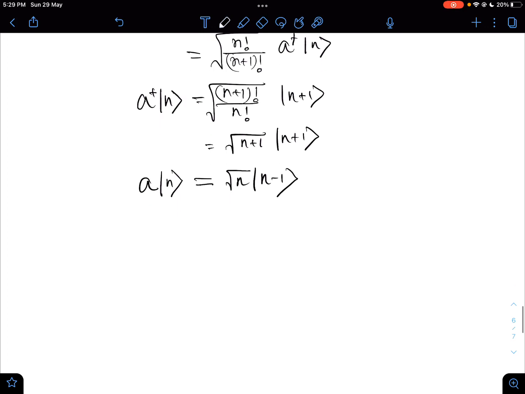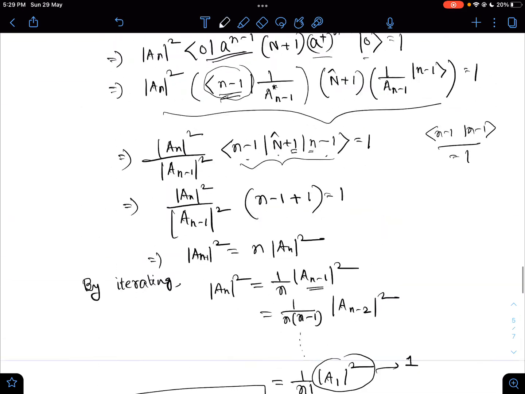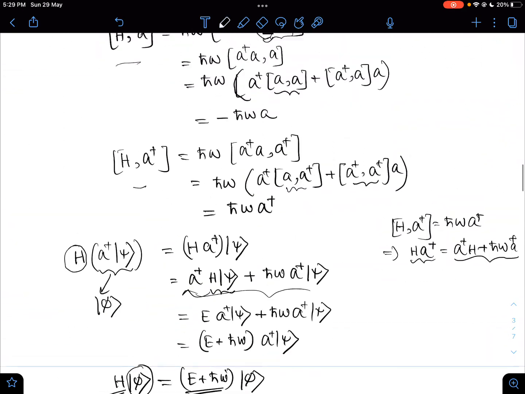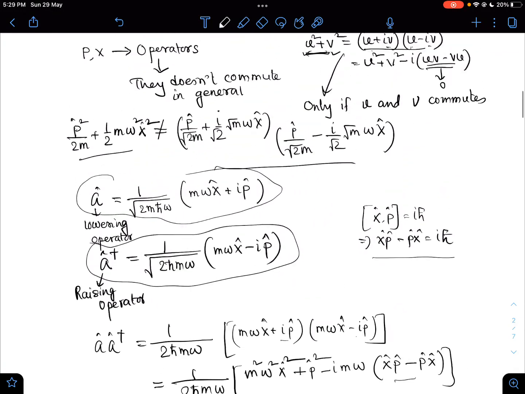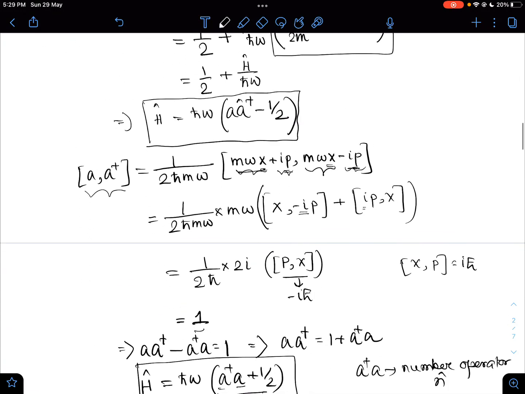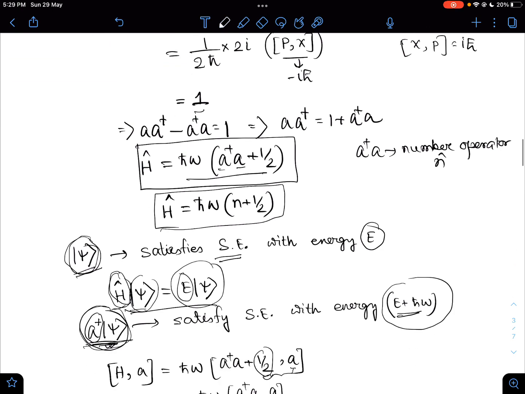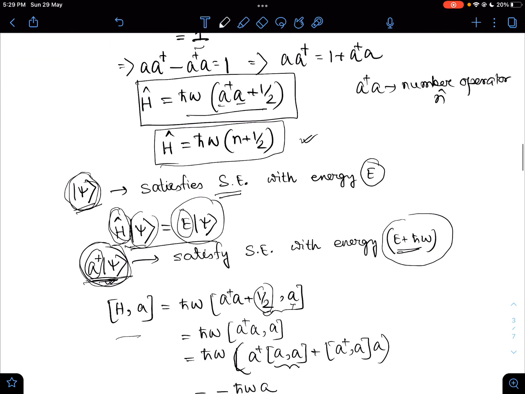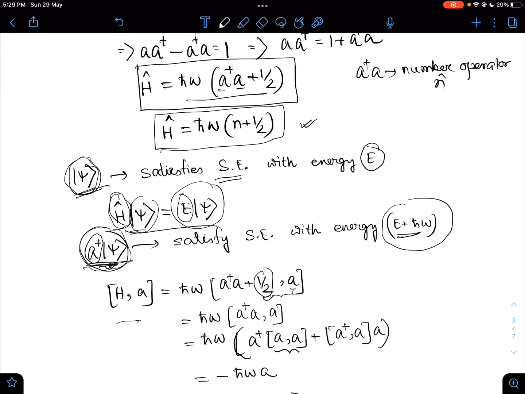So basically what we have learned is that we represent our harmonic oscillator Hamiltonian in terms of this raising and lowering operator, and in terms of the number operator. We showed that if psi is an eigenfunction of the Hamiltonian with energy value E, then a† psi will also be an eigenfunction with energy E plus ħω, and a psi will be an eigenfunction with energy value E minus ħω.